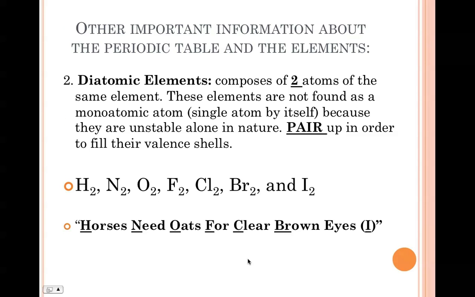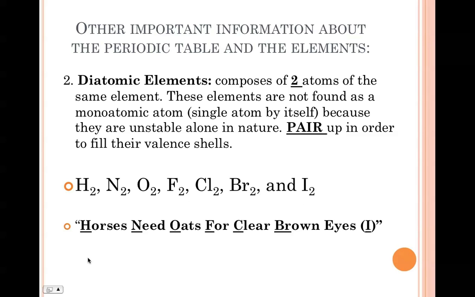Another part is that not all of our elements can exist as a single atom in nature. Diatomic elements are composed of two atoms that are bonded together, because these elements cannot be found as a single atom in nature because they're unstable alone. So they pair up in order to fill their valence shells and be a more stable element. So here we have hydrogen, nitrogen, oxygen, fluorine, chlorine, bromine, and iodine.